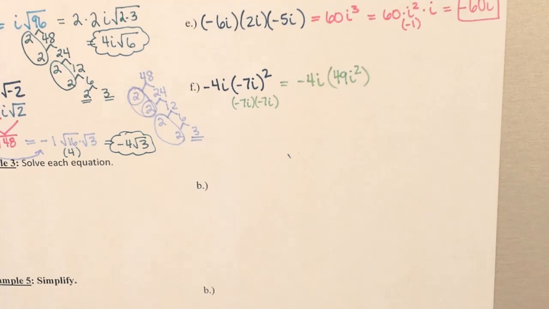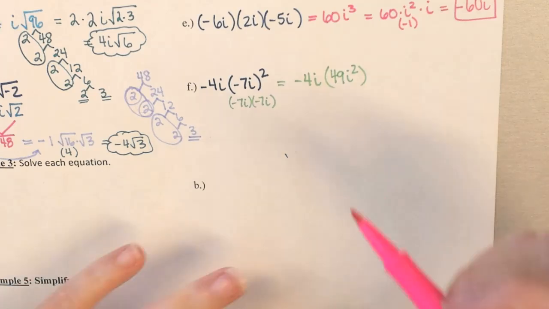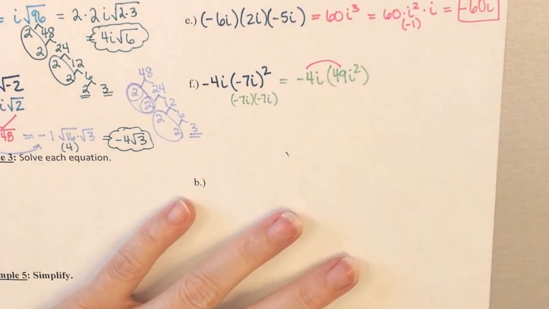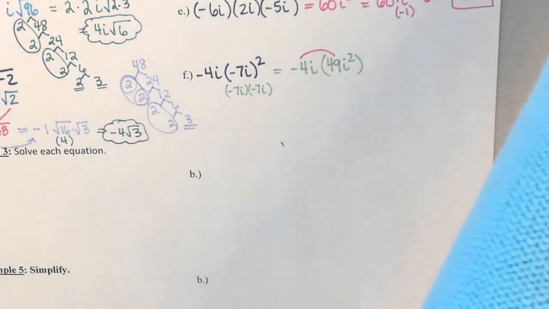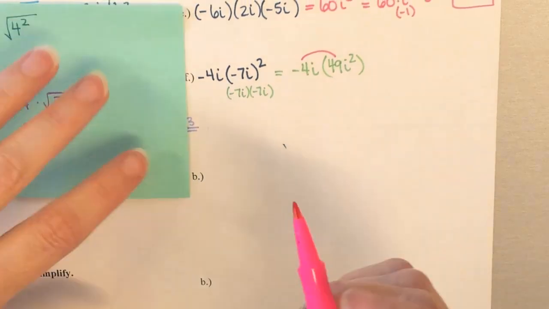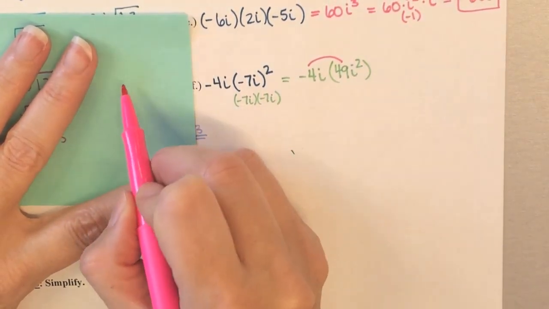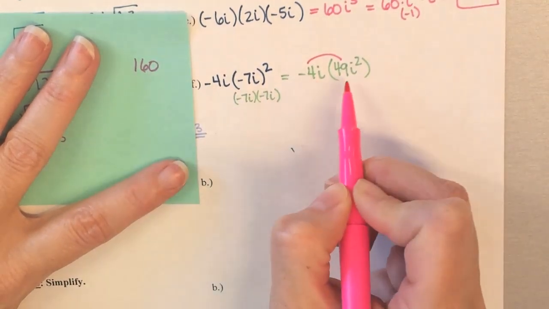Okay, and then from here, again, you're going to multiply the numbers together. So if you're doing -4 times 49 without a calculator, what are some strategies you guys would use? 4 times 9. Okay, so 4 times 40 and 4 times 9. So 4 times 40 is 160, 4 times 9.